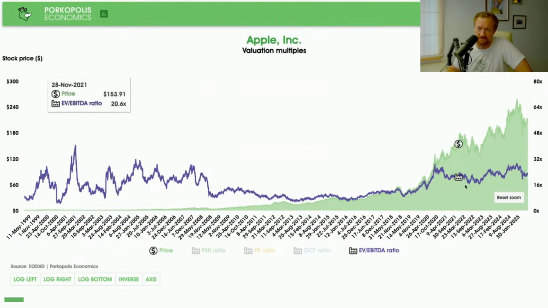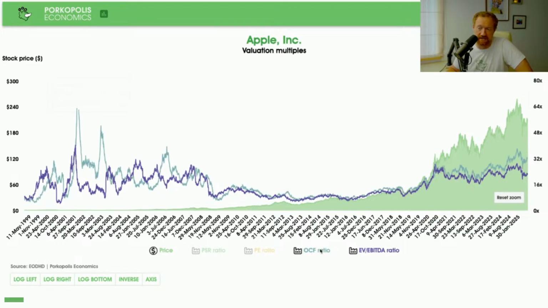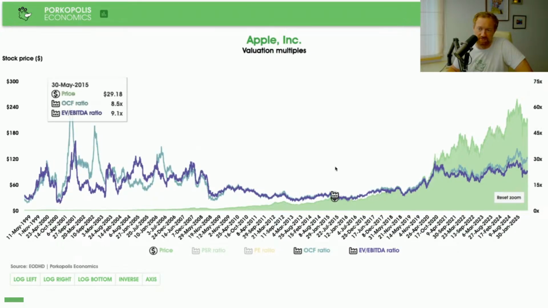So here's the EBITDA. Let's put this versus the operating cash flow ratio, which is on the market cap, but still, you see a little bit different opinions on the valuations. Both of them are reflective of the operations.